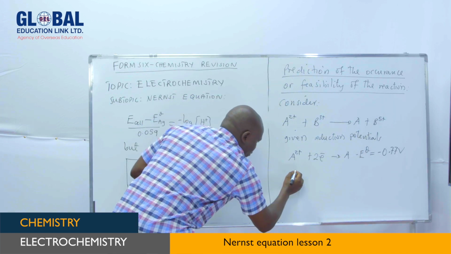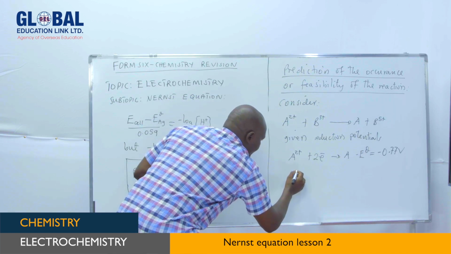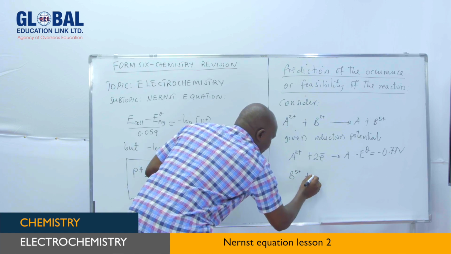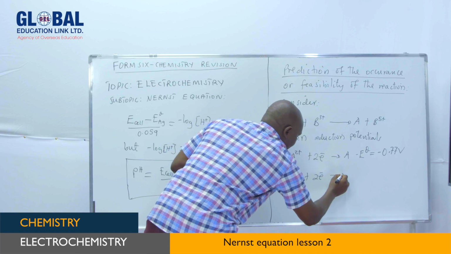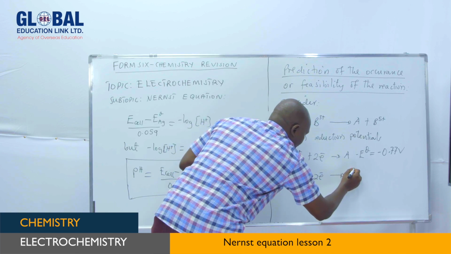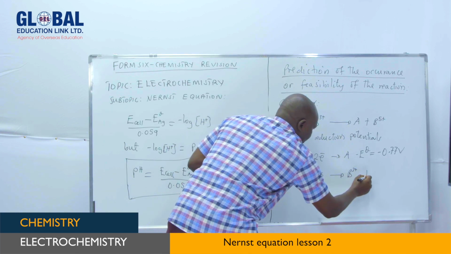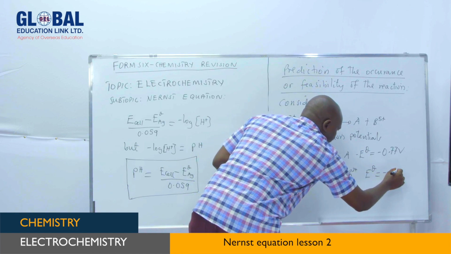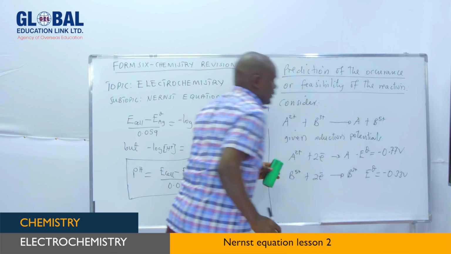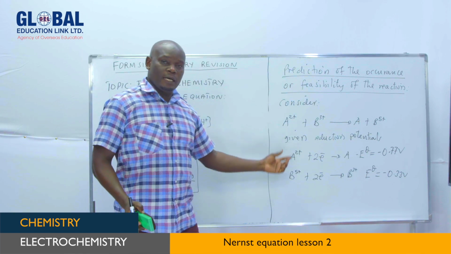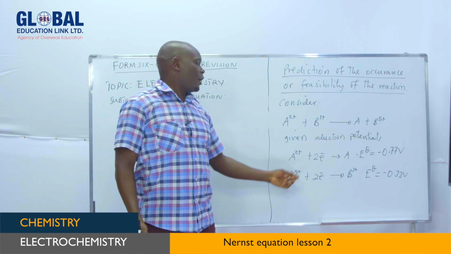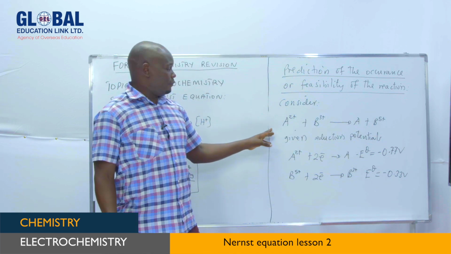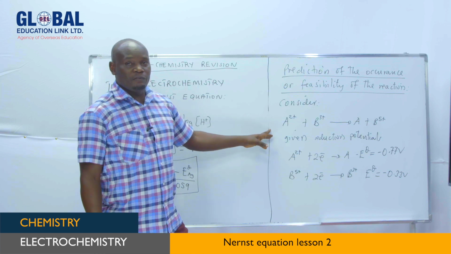So B 5 positive plus 2 electrons gives B 3 positive, with a standard electrode potential of 0.33 volts. These are the given reduction potentials. Then you are asked to predict if the reaction will be feasible or will not be feasible.